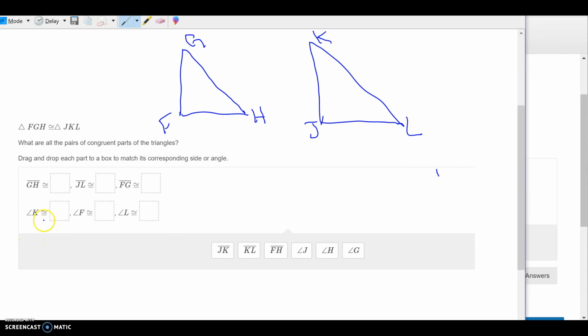So let's do the angles first. They're the easiest. So K corresponds with G. F corresponds with J. And L corresponds with H. Okay? So if you want to write it out like this, these are congruent.